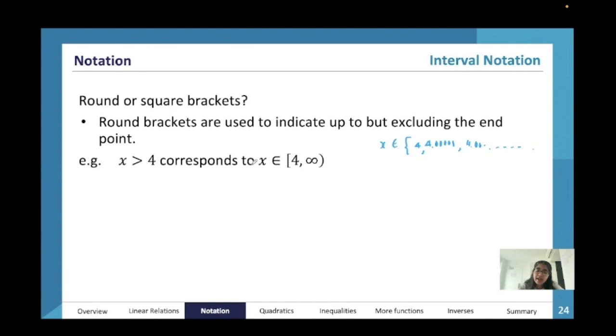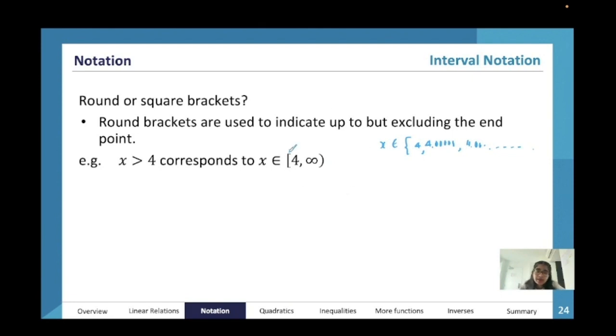So we just say x is an element of 4 to infinity. So basically, all I'm trying to say here is 4 to infinity are the values that x can take.